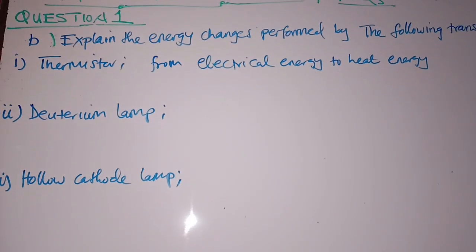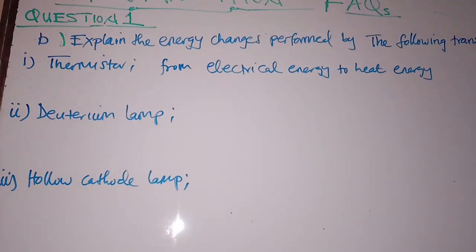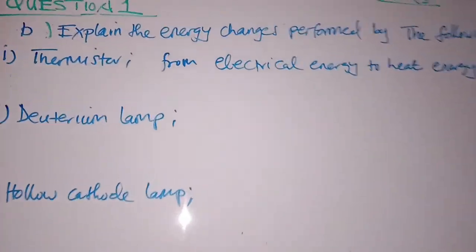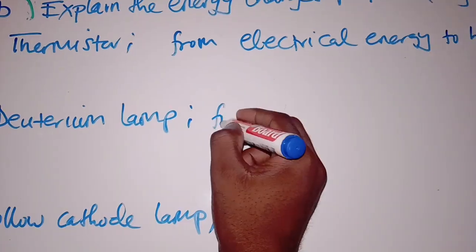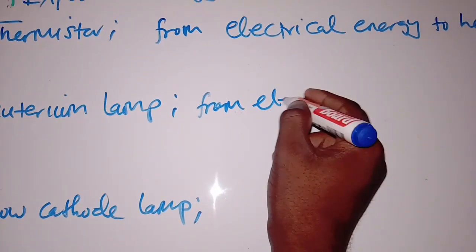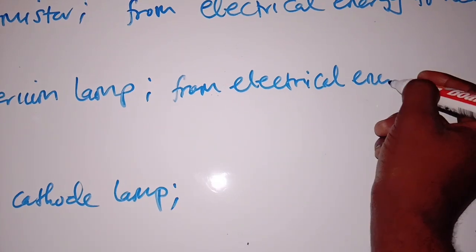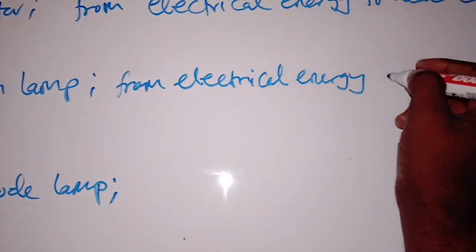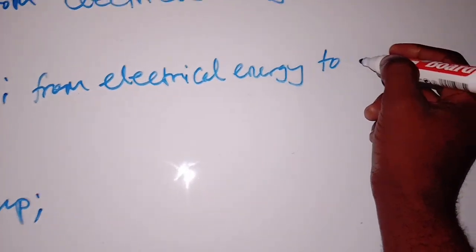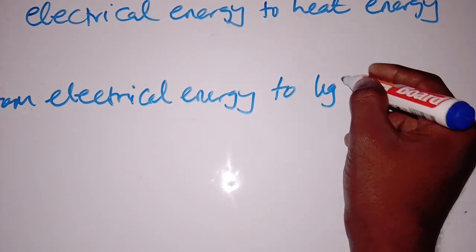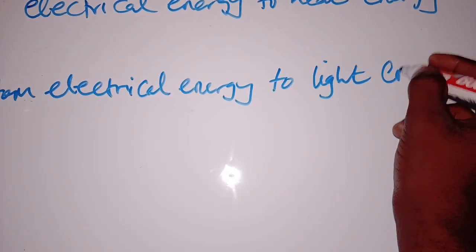So the deuterium lamp is a lamp, which produces light. It changes from electrical energy to light energy.